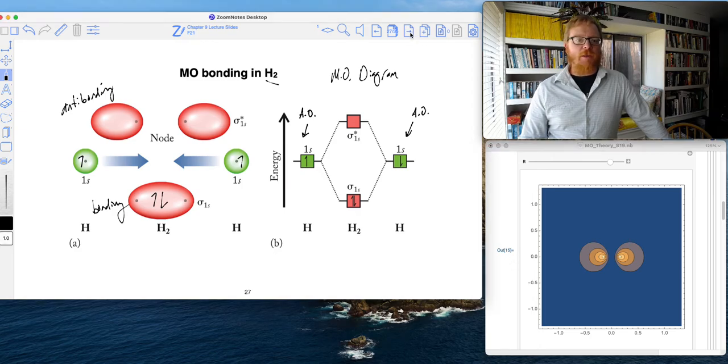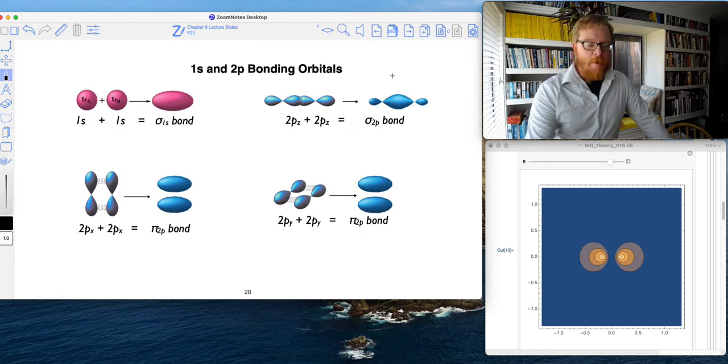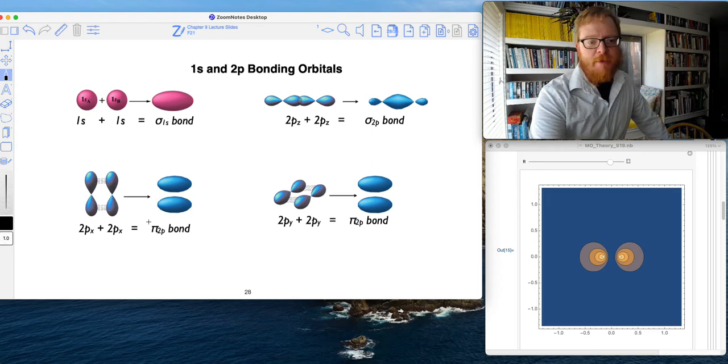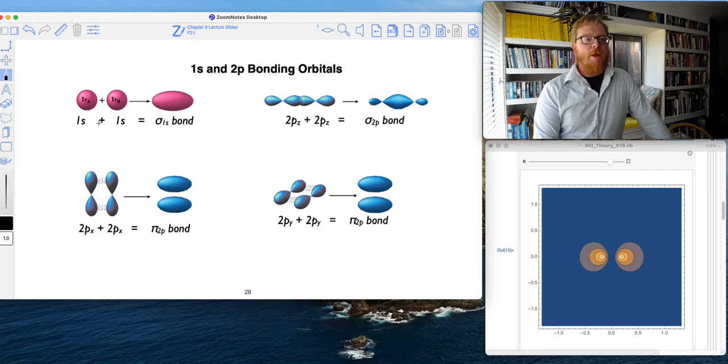So continuing along, we talked about sigma bonds and pi bonds before in valence bond theory, but we'll go through these again because this is really important for MO theory. We recognize when I add a 1s and a 1s, I make a sigma, specifically a sigma 1s bond.